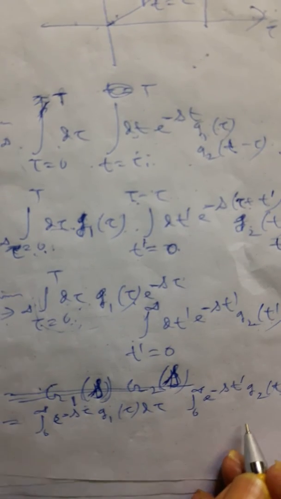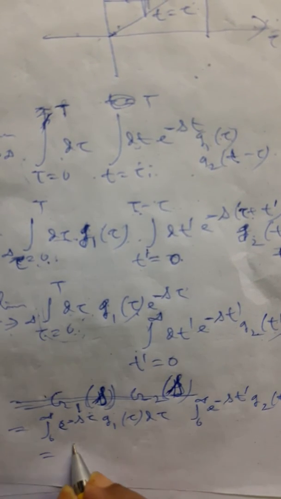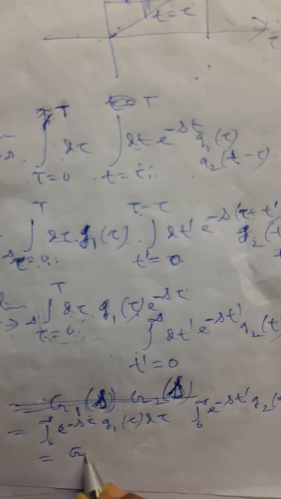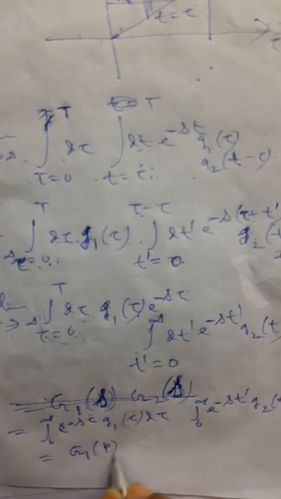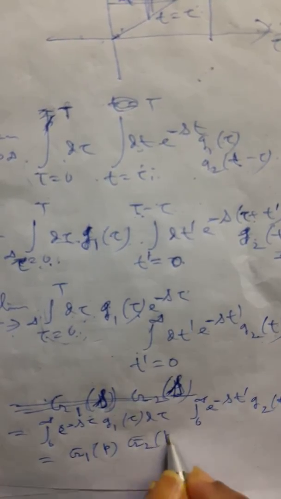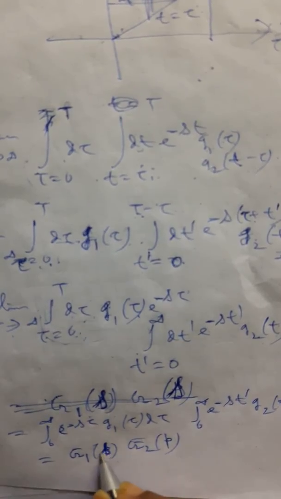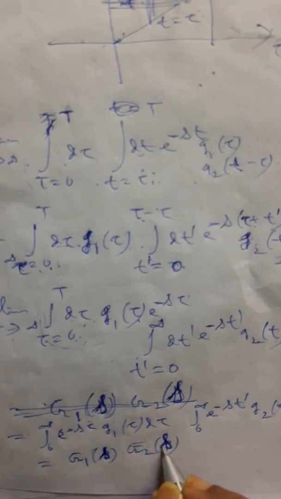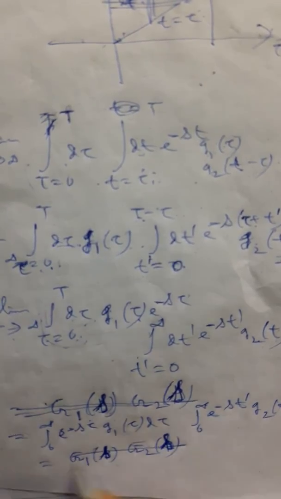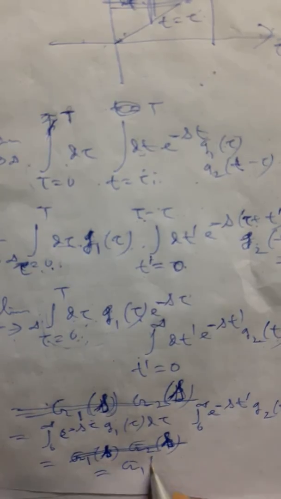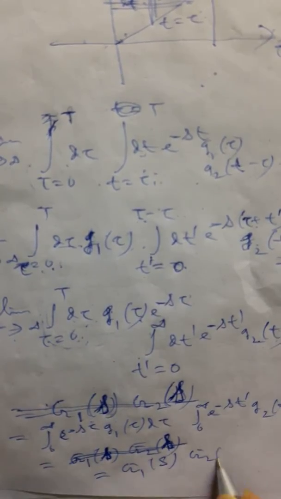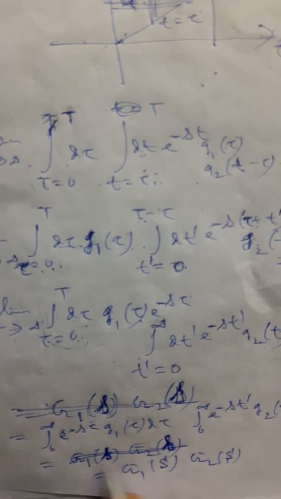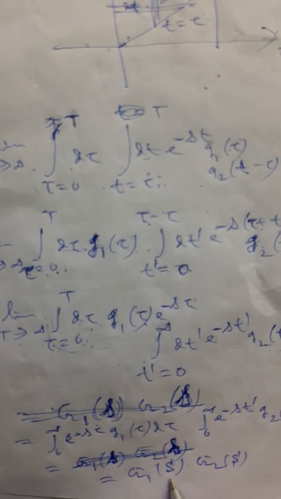It's obviously clear, and there will be no problem; we can write it as g1(p) and g2(p). Finally we prove the result, where s is the parameter. Since the parameter is arbitrary, whatever it may be, we write g1(s) and g2(s). We may write p here, and then we consider every parameter as p.